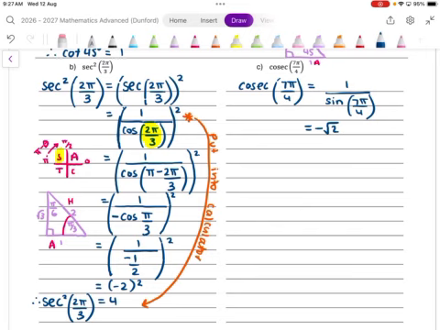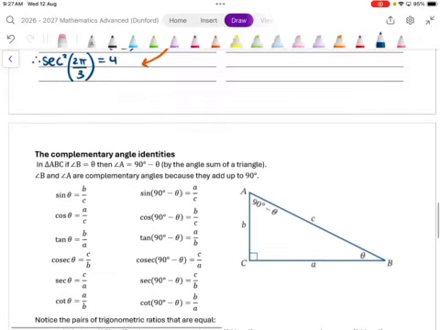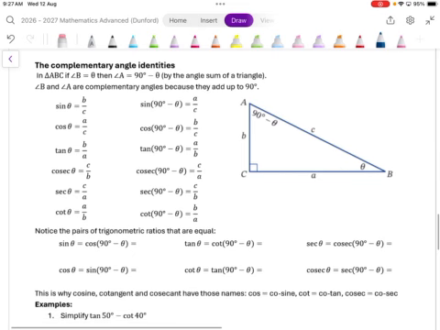What we're going to now look at on the next page is our complementary angle identities. With our complementary angle identities, we have this triangle that's been given to us, triangle ABC, where angle B equals theta, then our angle A is equal to 90 minus theta because of angle sum of a triangle, right?